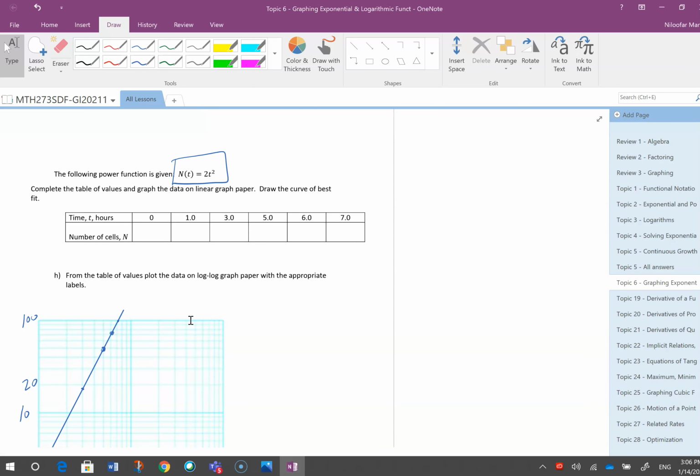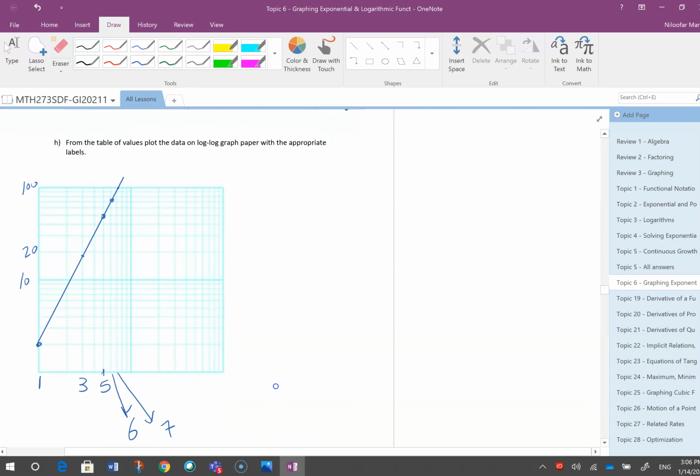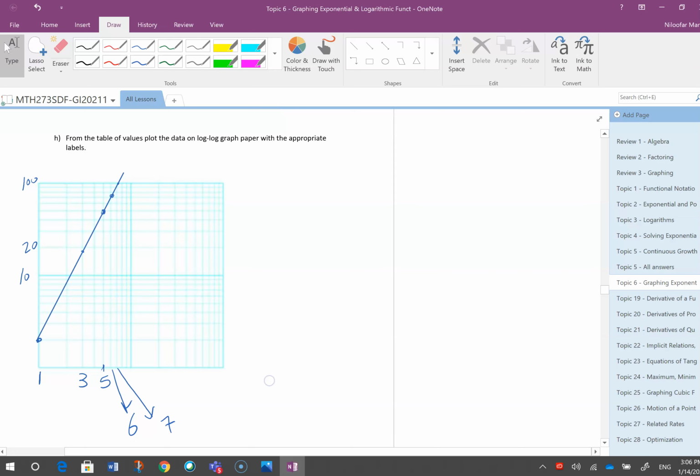So let's first just graph it. First I show you how to graph, with the values 0, 18, 50, 72, 98. Here I cannot do whatever I want for the x-axis or y-axis. I have to continue the same way.